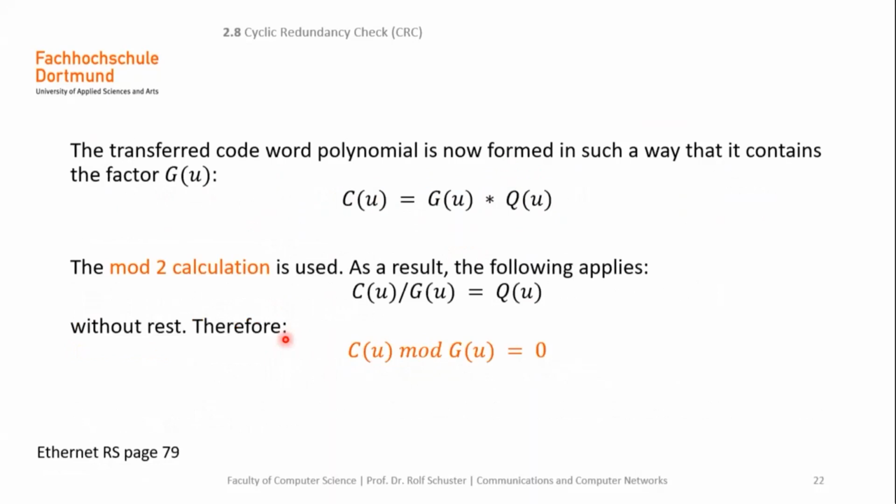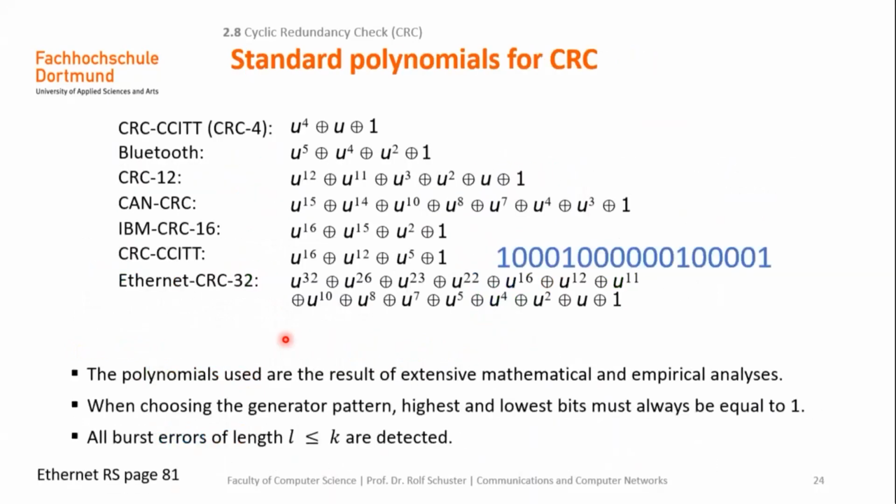And then, for instance, we could see that those are the standard polynomials proposed by different standards and technologies. Typically, this is the CRC proposed by the CCITT, that is what we now call the ITU, the International Telecommunication Union.